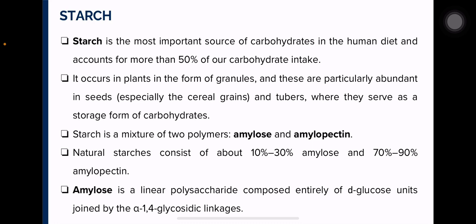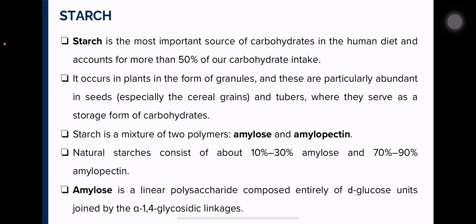However, it is not a straight chain. It forms a coiled helical structure with about 6 glucose units per turn. Inside this helix is enough space to trap iodine molecules, forming a complex that yields the characteristic blue-black color in the iodine test.